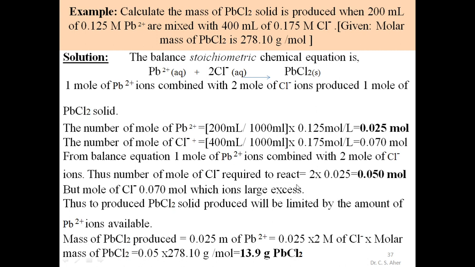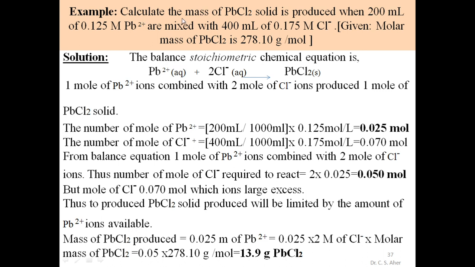Why? Because there is no lead ion present to combine with this excess chloride. Whatever lead ion is present combines with this much chloride, and the remaining chloride ion remains unreacted, uncombined. The 0.07 moles of chloride is a large excess over the required quantity, and thus the production of lead chloride will be limited by the amount of lead ion available.